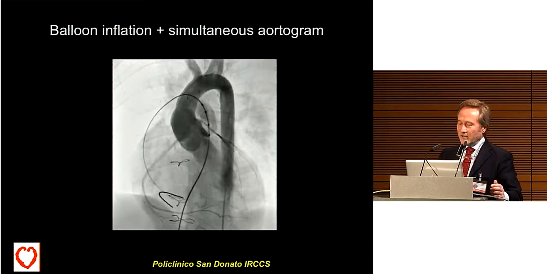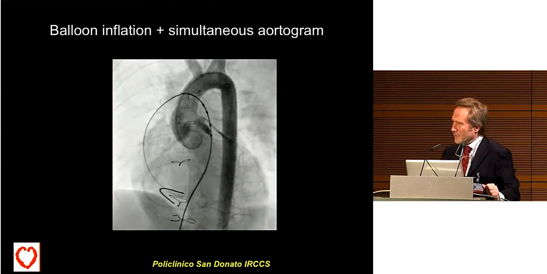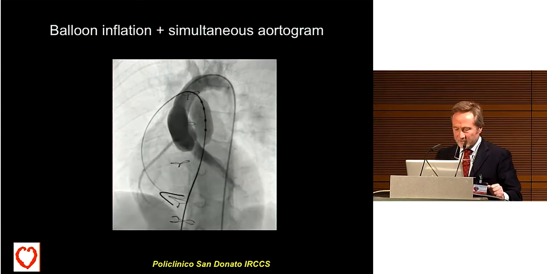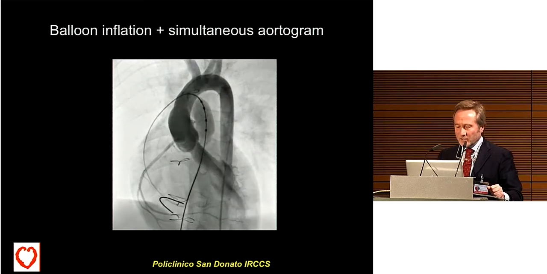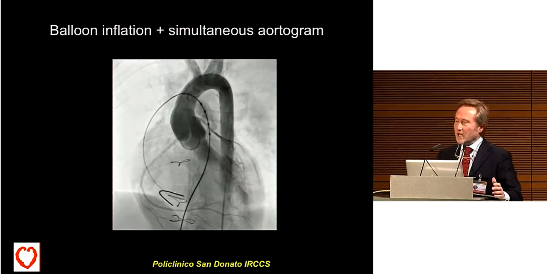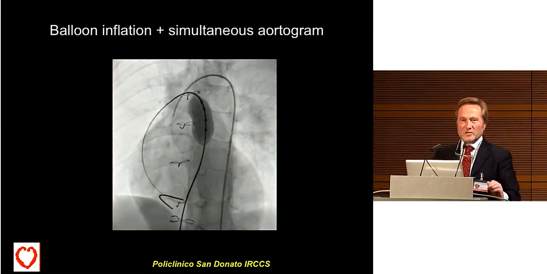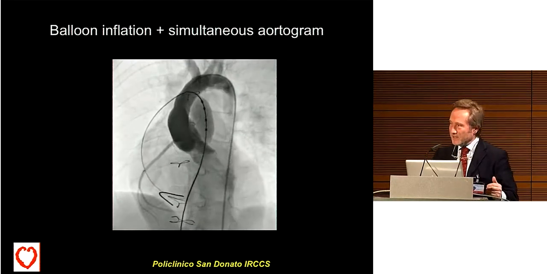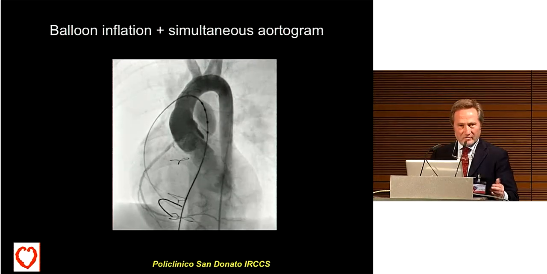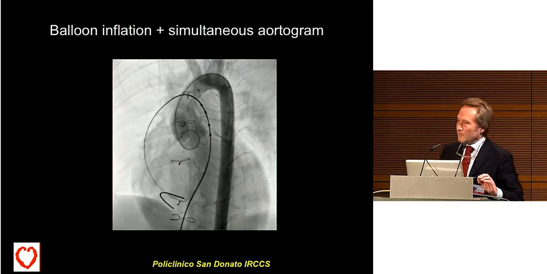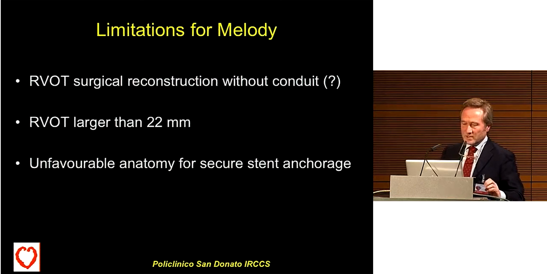As you see here, the flow in the LAD completely disappears when the balloon is inflated. And deflating the balloon, the flow in the left coronary reappears. So no problem, of course, in this particular patient, but implanting the stent would have been a disaster. So we have to be careful about this possibility.